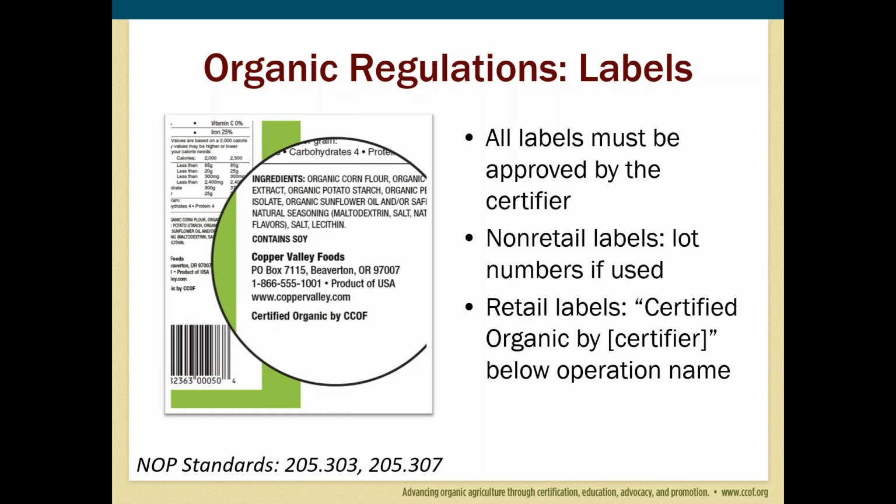So in this example here, you can see Copper Valley Foods. They've got all their contact information, and then it says certified organic by CCOF. This is just a sample label. But this is by far for retail labels the most common place people get tripped up, either leaving this off or not putting it right underneath the name of the operation.